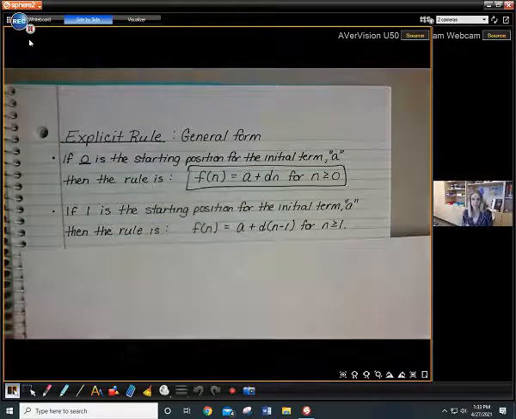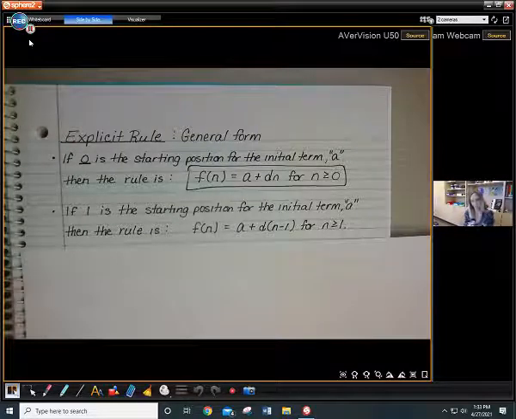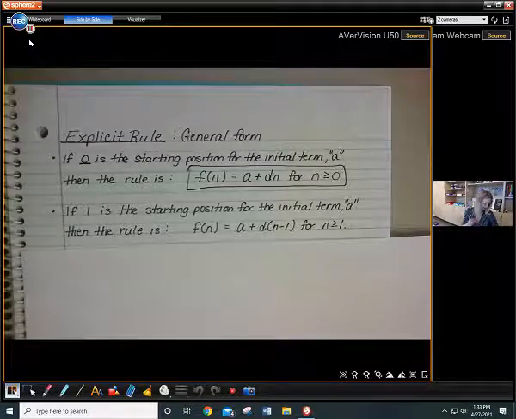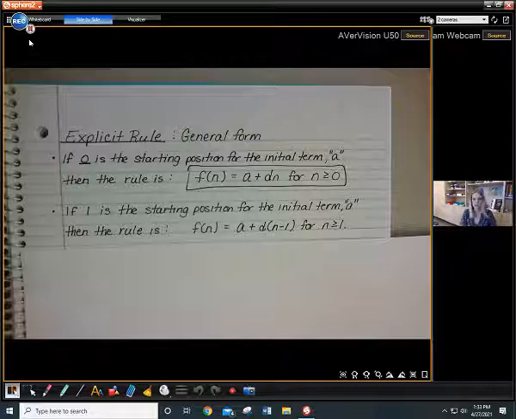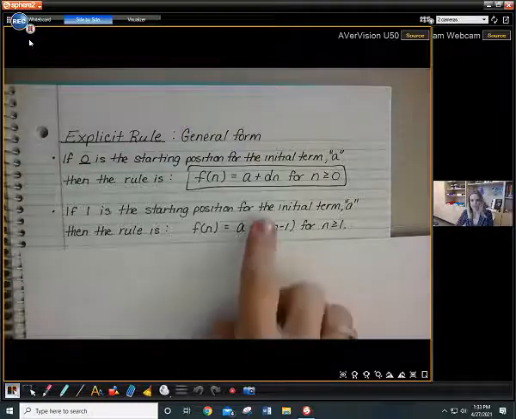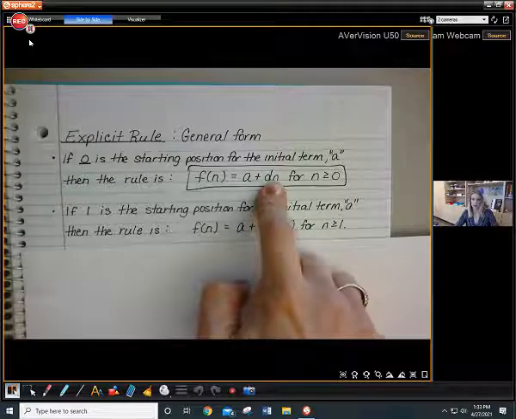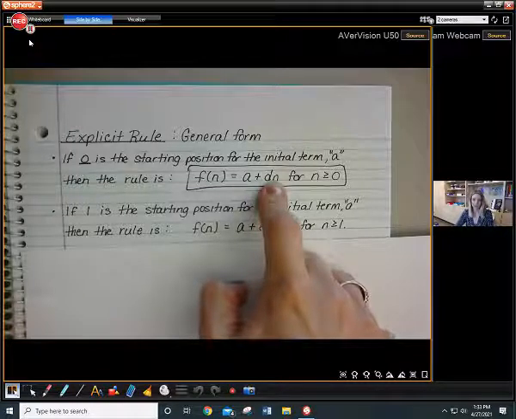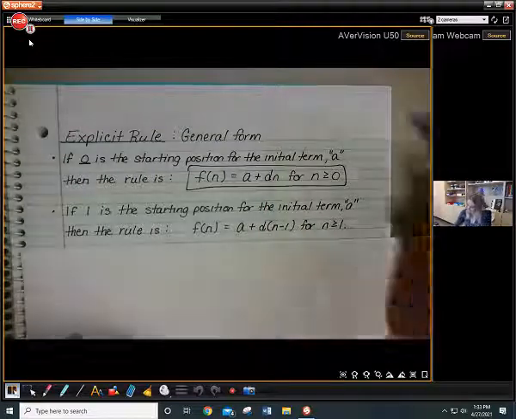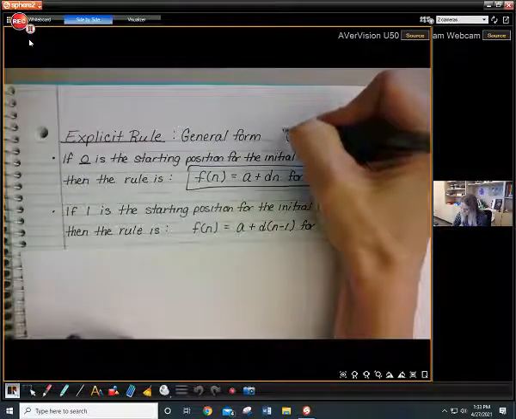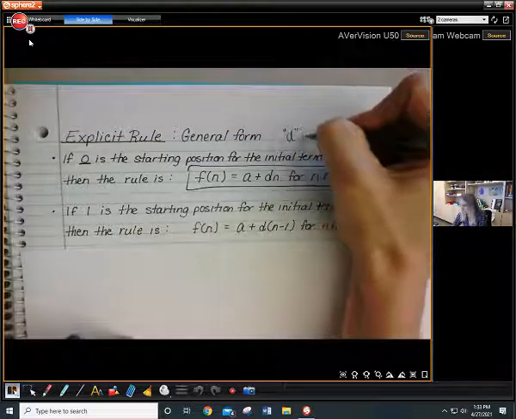All right. So the A represents the term that's in the very first spot, and the D represents the common difference. N is going to be whatever nth position they want you to find. So again, the D is the common difference.